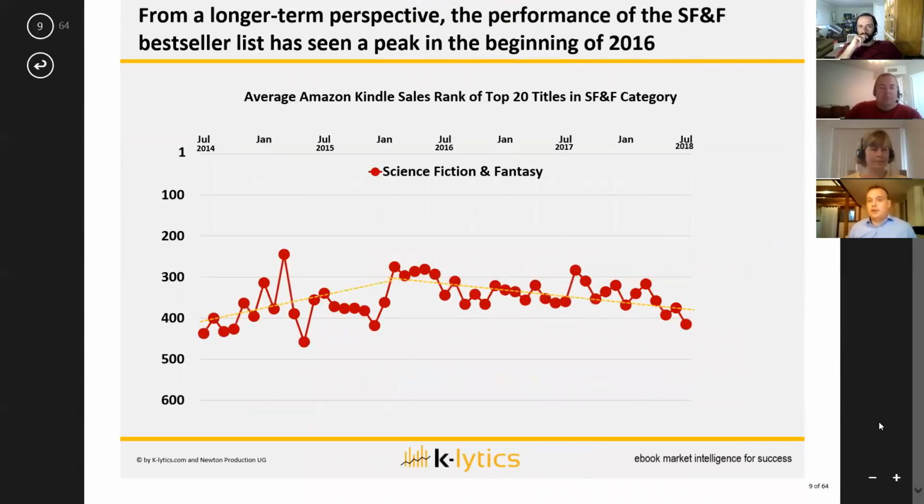Now, you asked earlier, I think, Joseph, which way to go. If you just look at the helicopter level, this is now the data over the 4 years, how the top part of the Amazon sci-fi fantasy bestseller list has been trending. And for both sci-fi and fantasy, it has sort of peaked in January 2016.